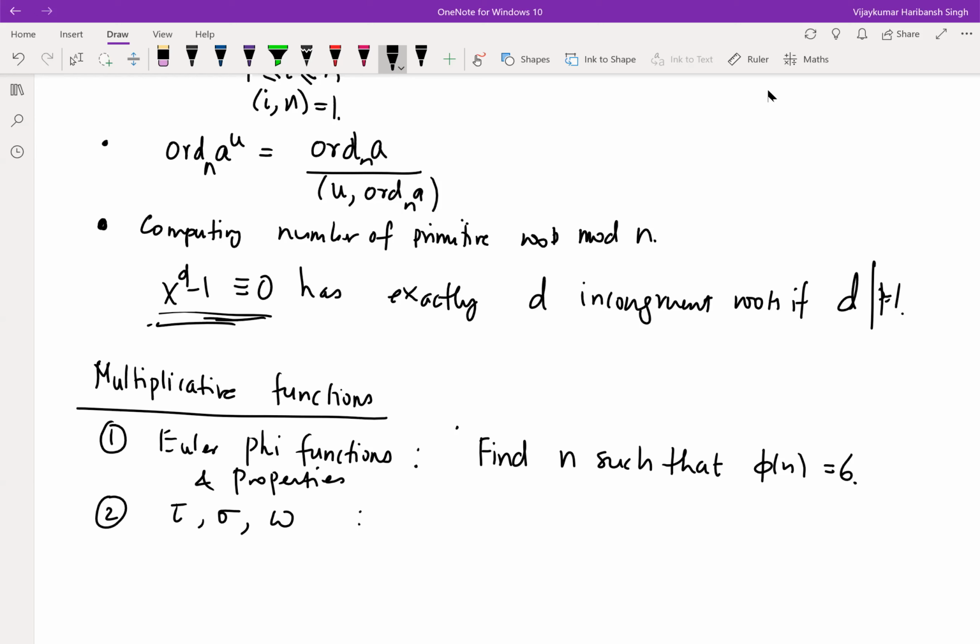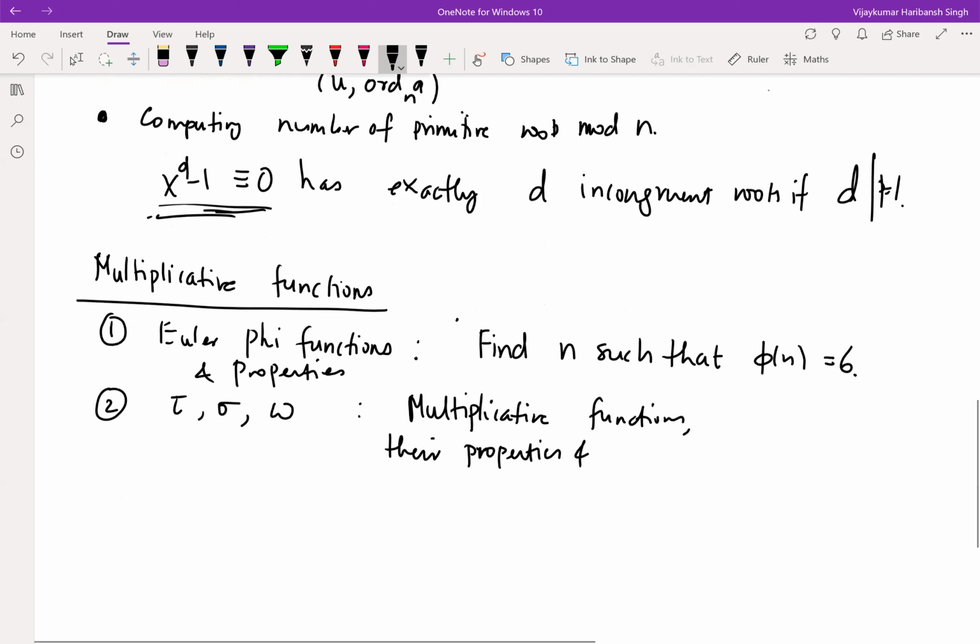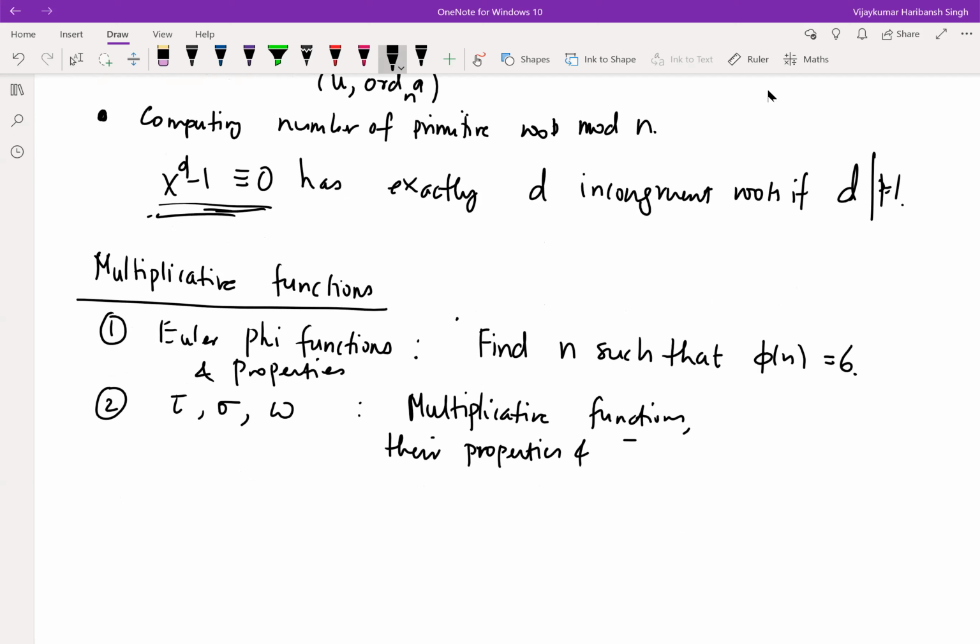So we talked about a bunch of multiplicative functions, their properties, and more importantly, the Mobius inversion. So connecting different functions with the other using Mobius inversion, or proving certain properties of multiplicative functions.